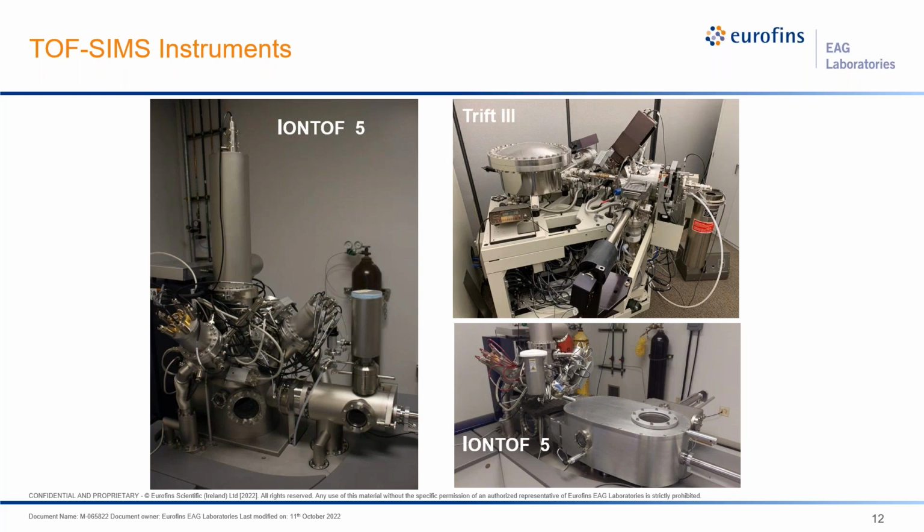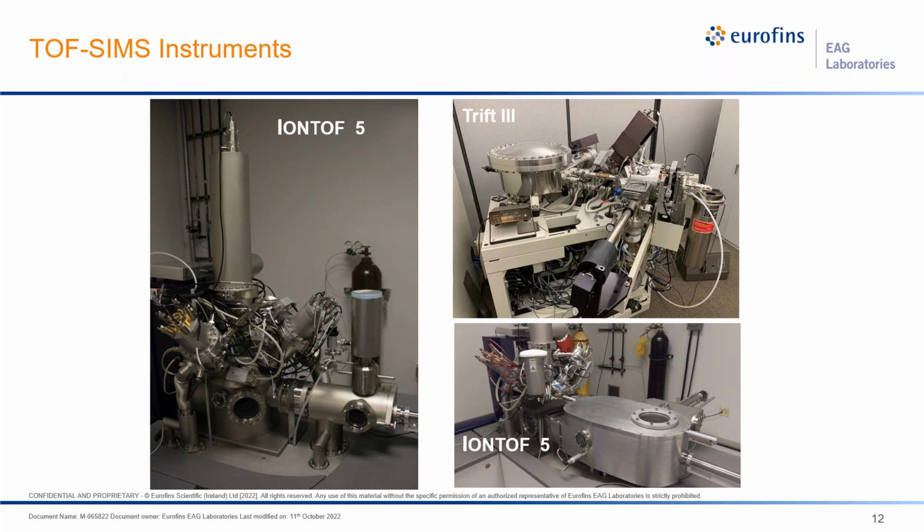The TRIF analyzer is really nice for samples that have topography to them. And I might also point out it has a cold stage. That's what this dewar is for. So samples that are not quite solids we can freeze, or samples that might have a volatile contamination, we can lock it down by cooling it and are able to analyze it and identify it.